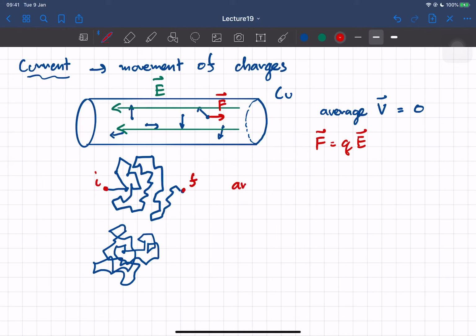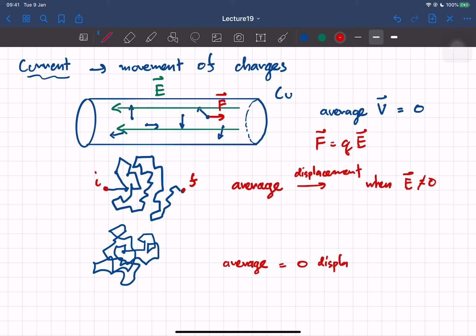So you have the average movement to the right, some kind of displacement to the right, when E is not zero. But if you don't have any electric field, then the average is zero displacement, when E is zero, okay?